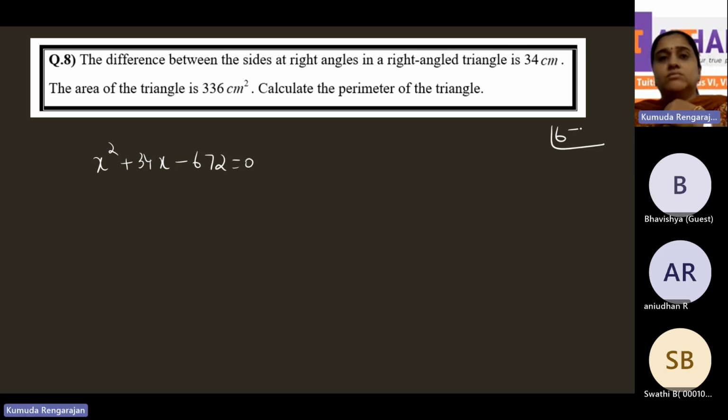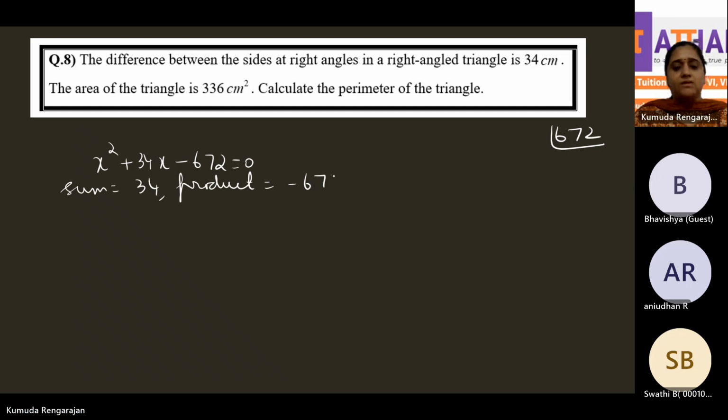The sum is plus 34 and the product is minus 672. Do we know this or we don't know? The coefficient of X is the sum. The product is whatever is here, this into this is the product.